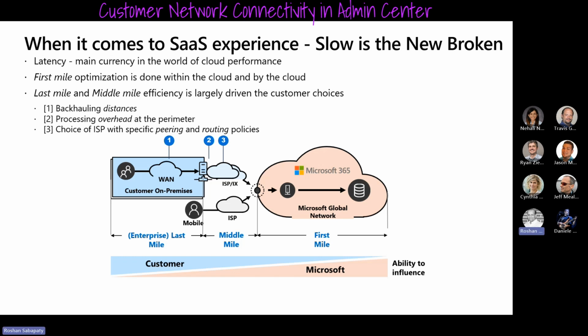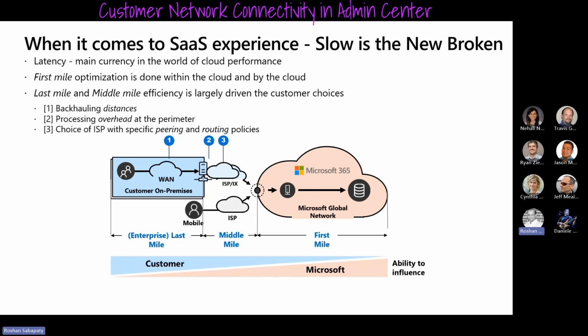What we are going to focus on today is not on the first mile. We are going to focus on the last and middle mile, which is what is typically called the enterprise last mile, because as Jeff mentioned, this is where you as a customer have control over your network, or at least you can influence the connectivity choices made in the last mile or in the middle mile to ensure they align with our network connectivity principles.